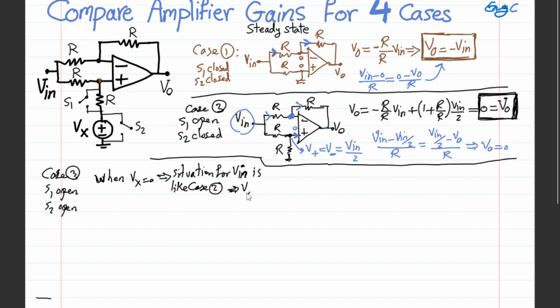Therefore, V out is equal to 0. So V in is not doing anything at V out, even in case 3.